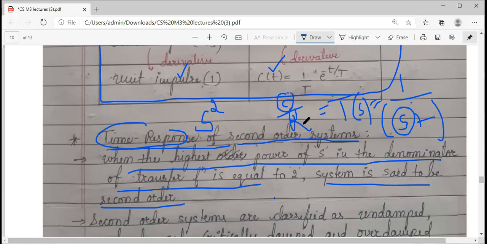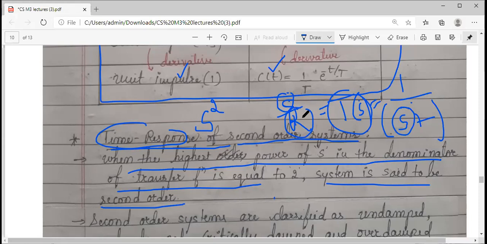This is in the s domain, the frequency domain, so C of s will be equal to R into the transfer function. To get C of t, the time response, we have to apply the inverse Laplace transform.